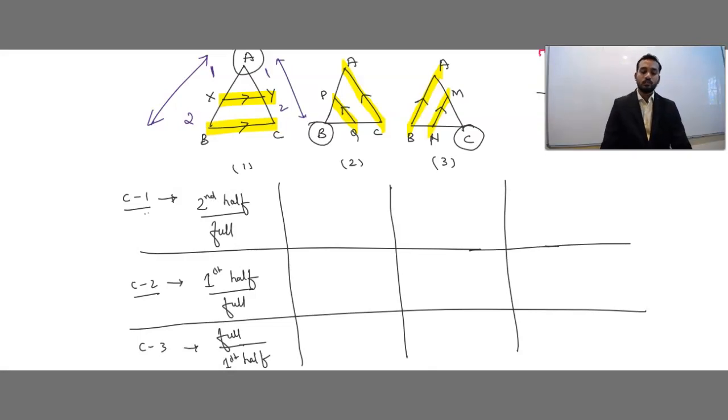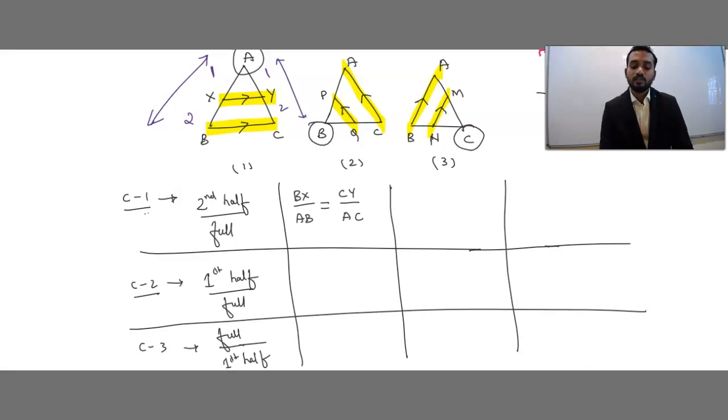Now shall we apply? Yes. Second half is BX, full AB. So BX by AB is equal to CY by AC. Correct? Second half by full is equal to second half by full.